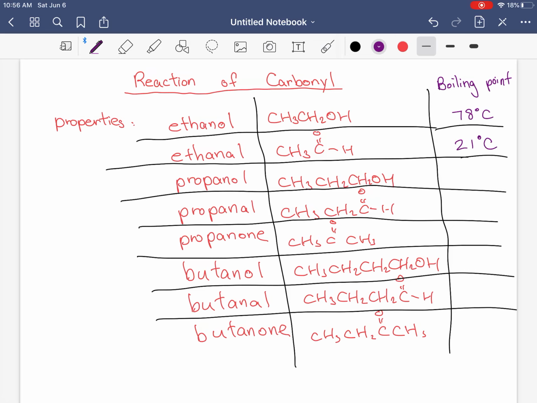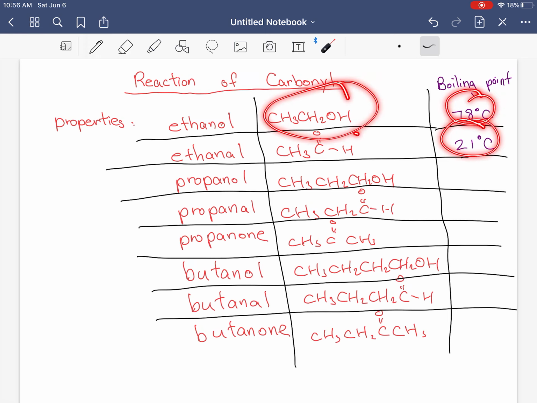In fact, it's a lot less. Okay, so you're going from 78 degrees to 21 degrees. Okay, both of these guys are 2-carbon organic compounds, of course, 2 different functional groups. Because of the OH, that increases the boiling point actually a whole lot more than C double bond O.